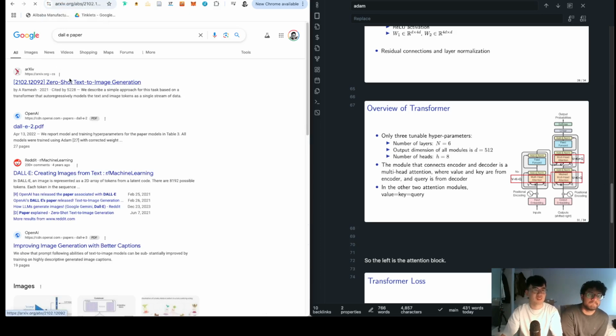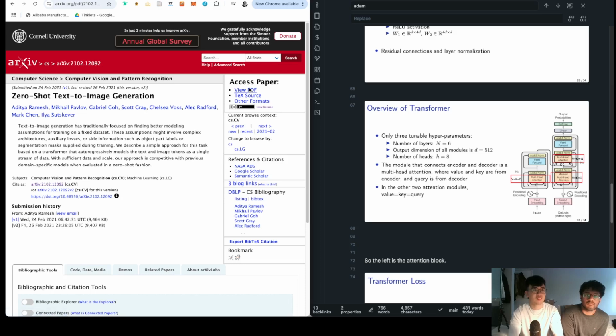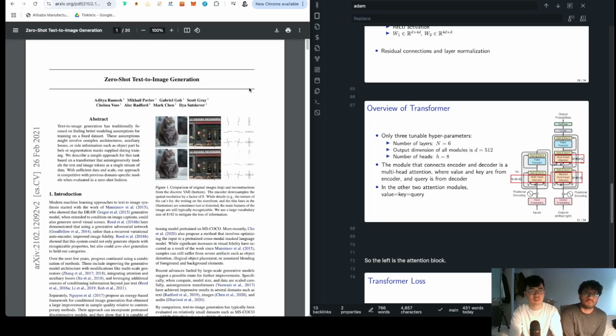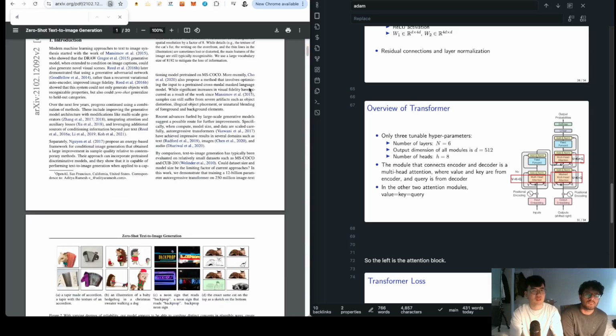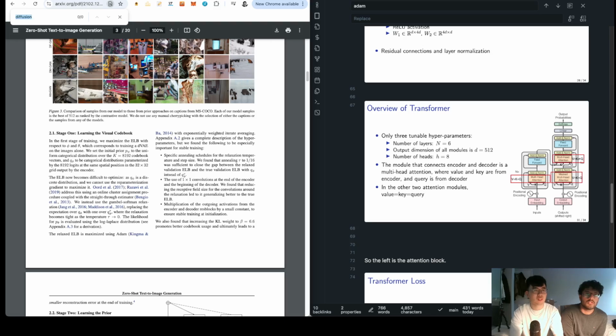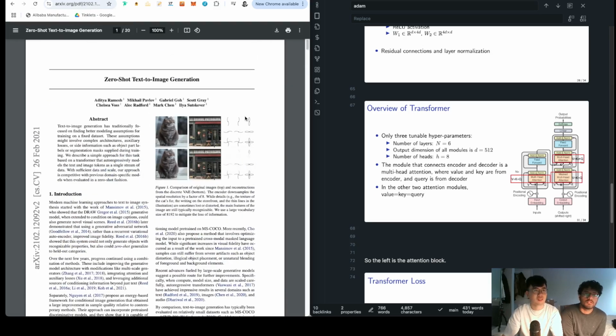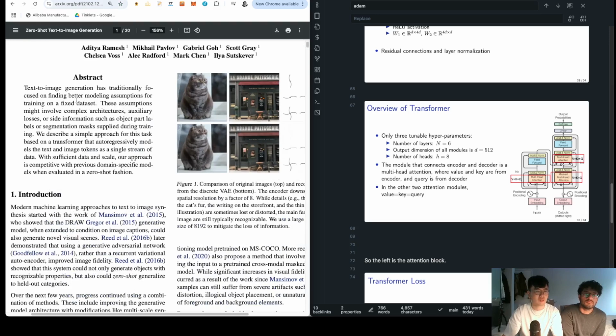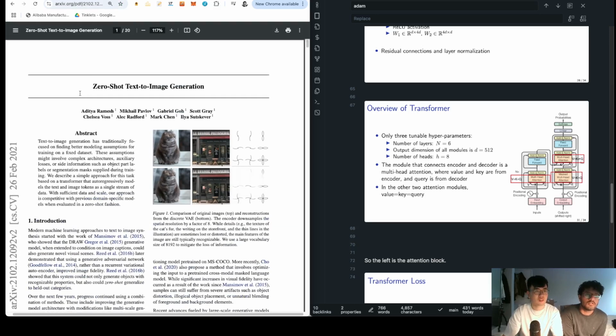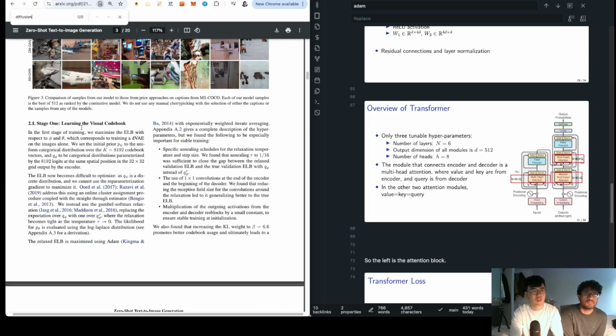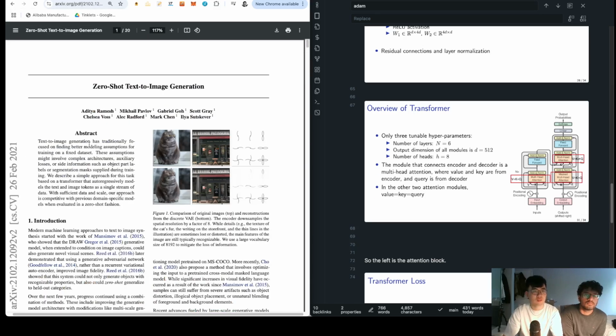So like this one. But this is diffusion, right? Oh, this is not diffusion at all. Zero-shot text to image. This one is not diffusion based. This one doesn't use diffusion.